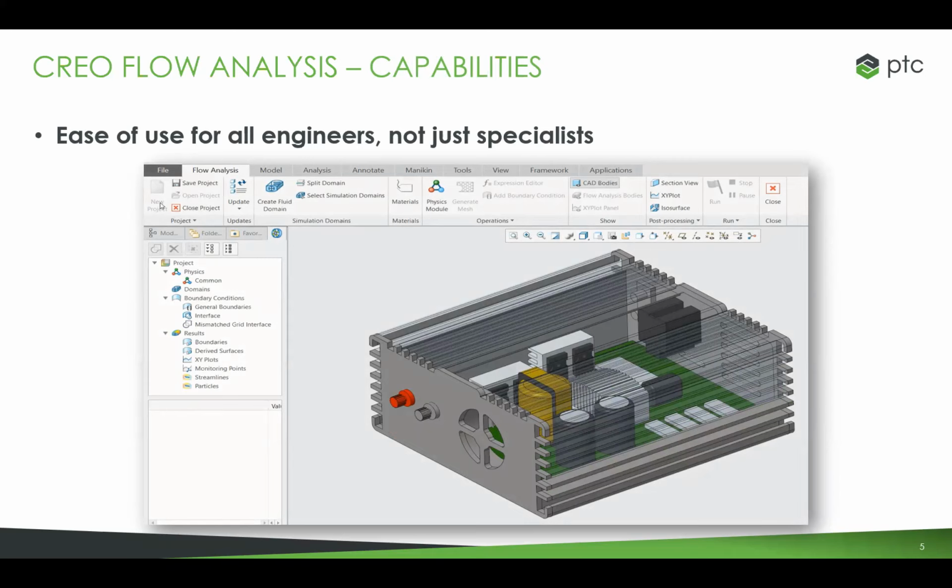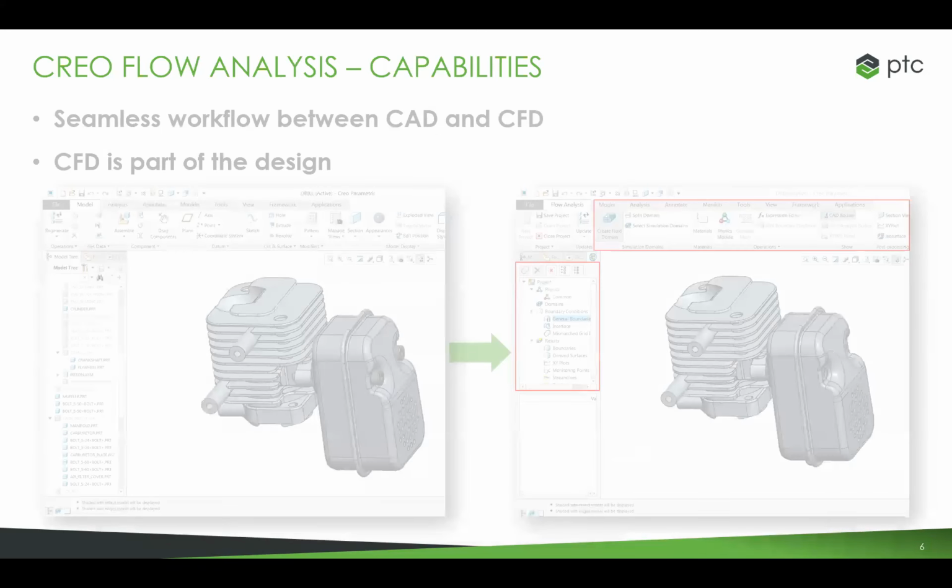It's very powerful, but we spend a lot of time on the user interface, on the flow of how you set this up and how you use it, so that every engineer is able to take advantage of this, not just specialists who have been working in analyst tools for years and have tons of experience. We want this to be accessible to everybody.